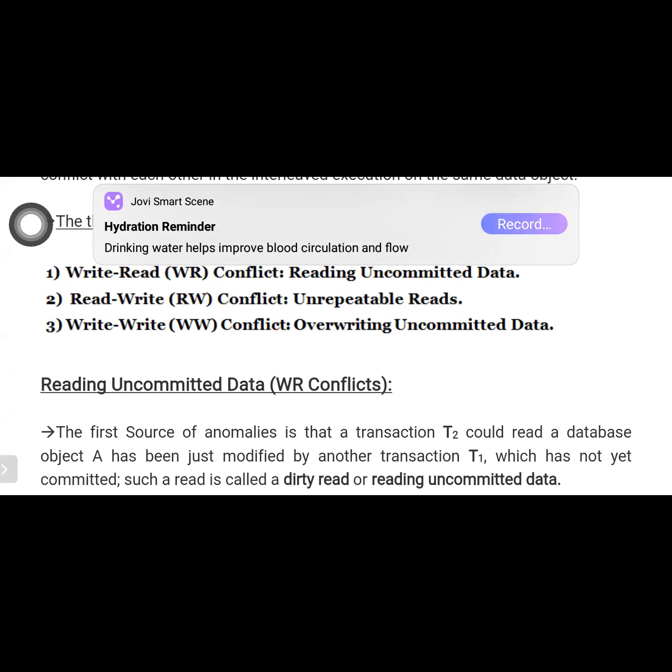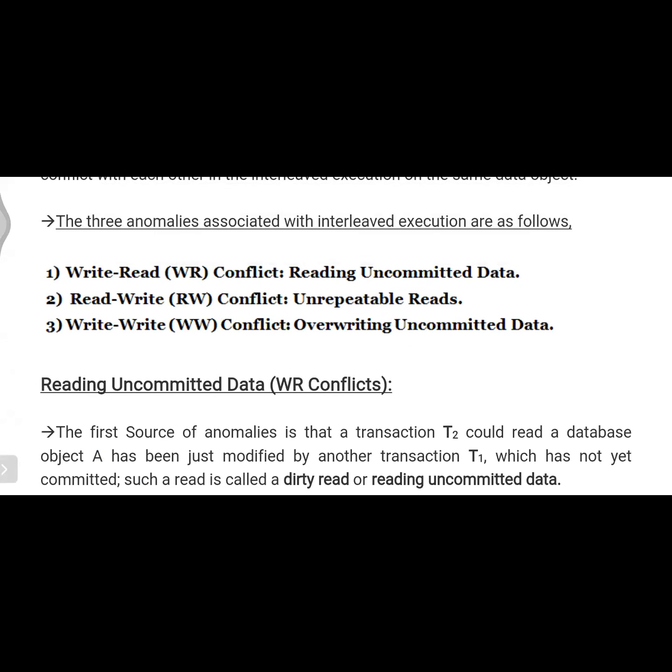So that means here there is a chance of overlapping between these transactions. If you observe write-read conflict, that means if we consider two transactions, T1 and T2, and T1 performs a write operation while at the same time T2 performs a read operation, that is an erroneous transaction. Am I right or not? At any time we need to maintain consistency.